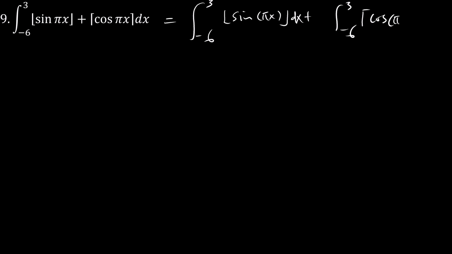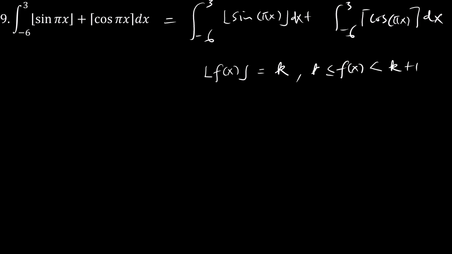Okay. And then what is a floor function? The floor function of a function f(x) is equal to k in the interval when k is less than or equal to f(x) which is less than k plus 1, in that interval.